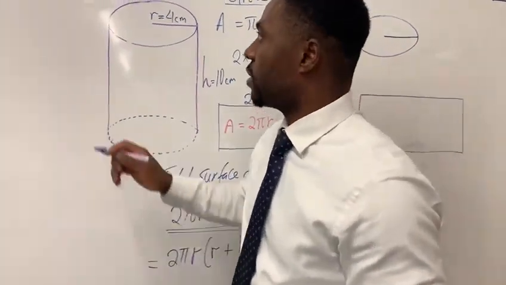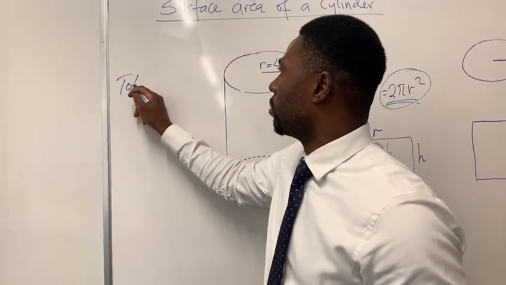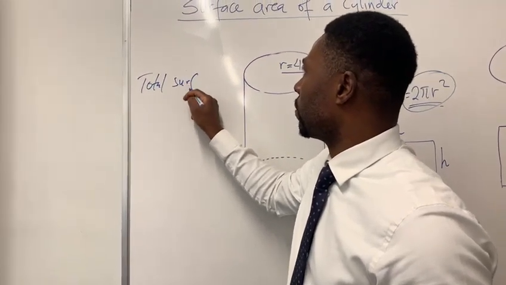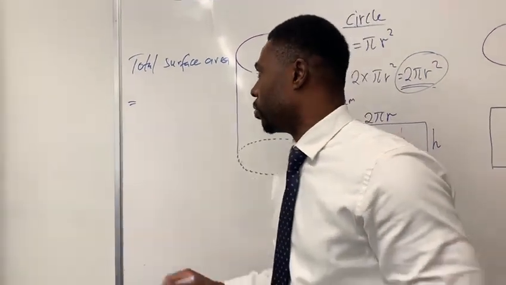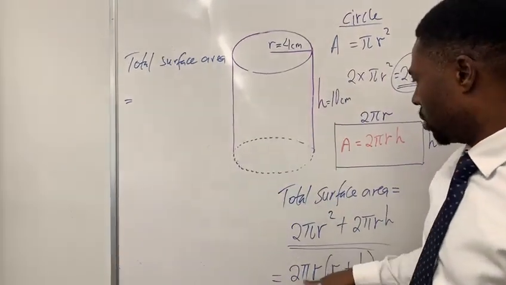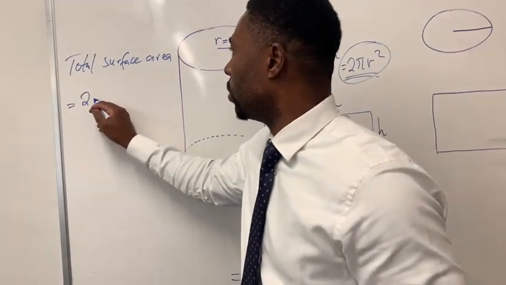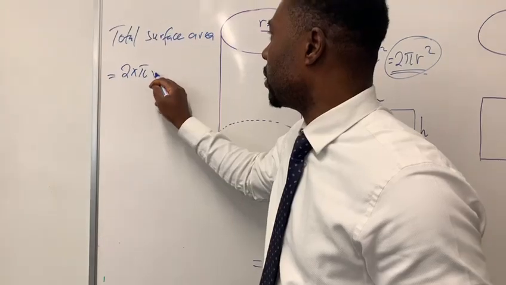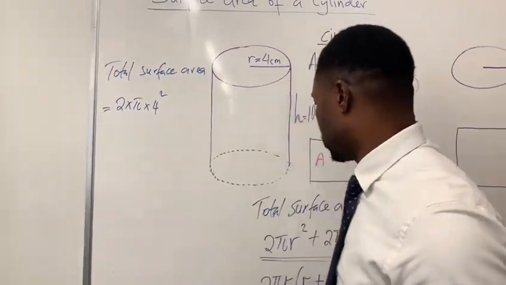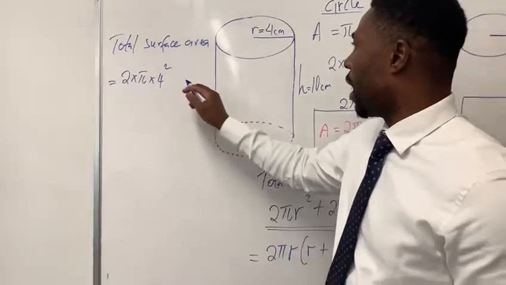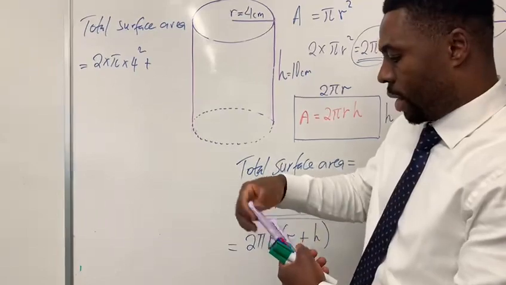So the total surface area, if I come over here and do total surface area, that's just going to be equal to, we've seen that's what we need to use, 2 pi r squared. So we're going to have 2 times pi times r, the radius is 4, so 4 squared, that's for the two circles.